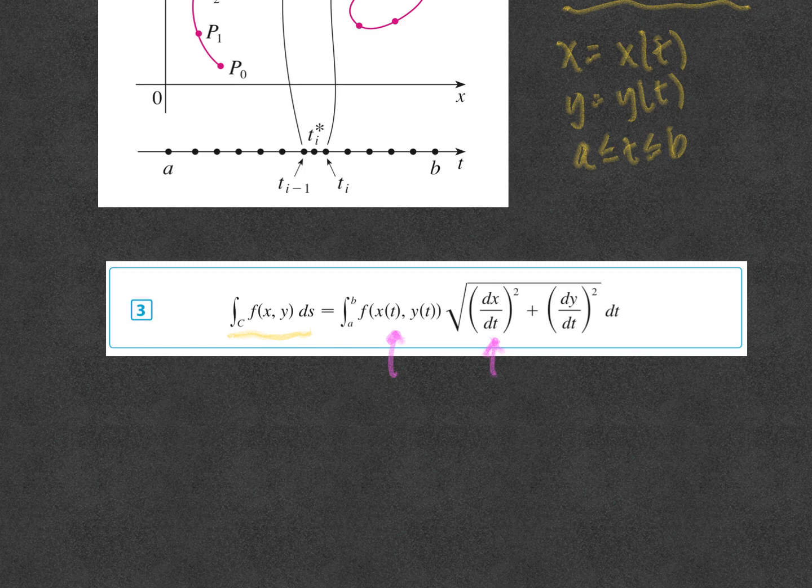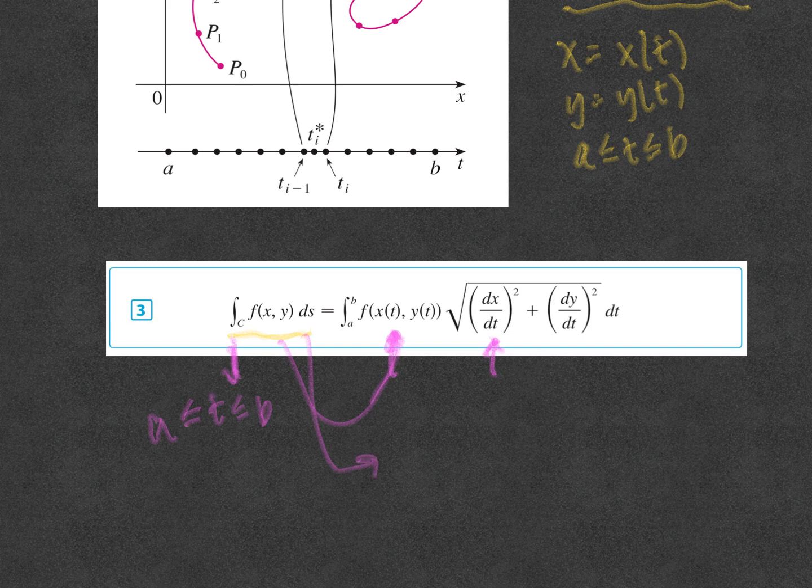Secondly, when we take this curve, we're going to put the c in terms of the bounds of t. So c is going to be the curve, and since we're working in parametric, we're going to say t is between a and b, which we wrote up above. Then the function of xy turns into the function of xy in terms of t.